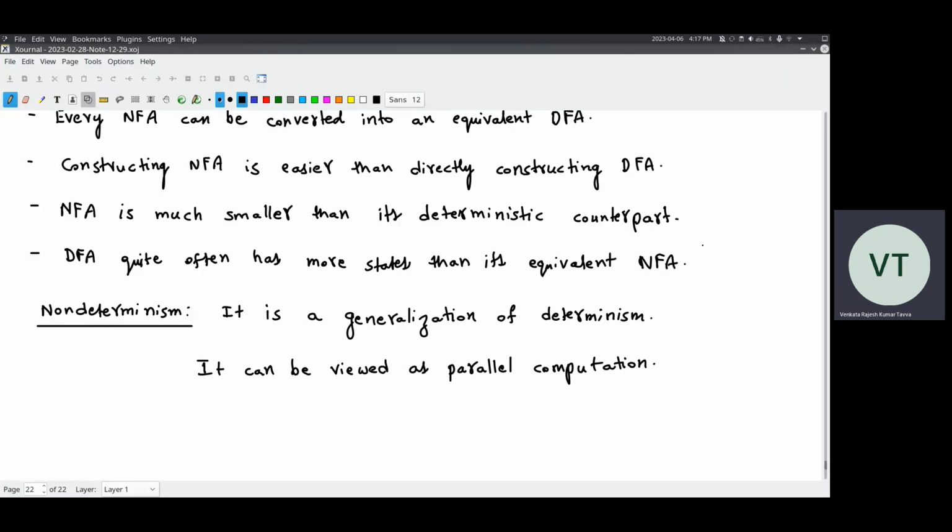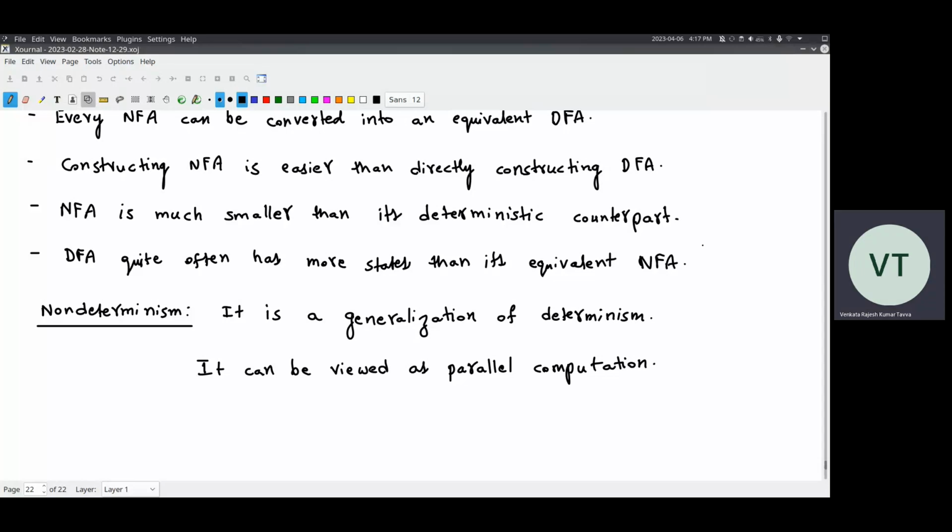Basically, when there are more than one outgoing arrows for a particular symbol, you can imagine it as parallel computation. So it can take either this branch or some other branch. Once it takes a particular branch, it goes forward in that branch and takes one path.